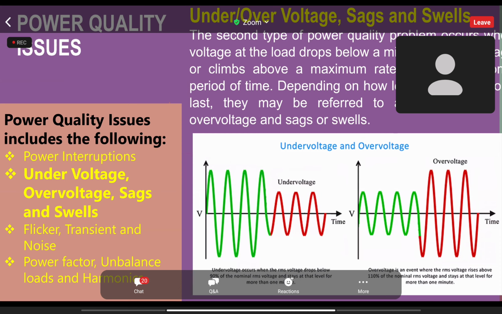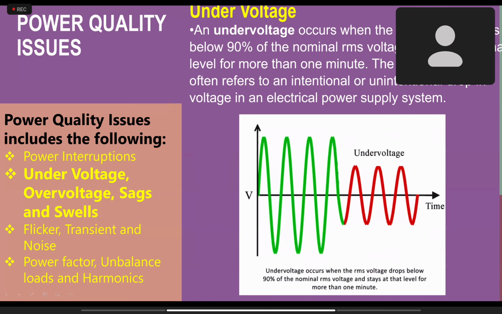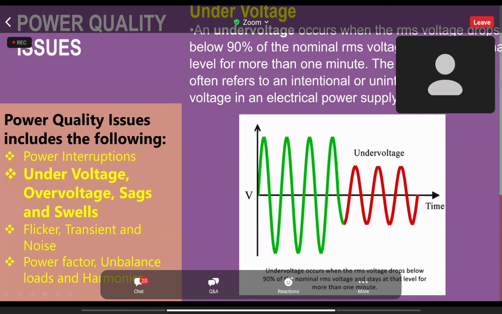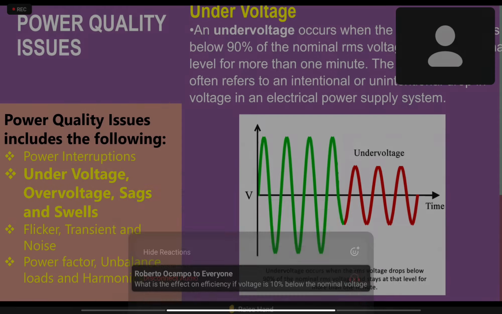Okay, so if it is an under voltage, it happens when the voltage drops below 90% of the nominal RMS voltage and stays at that level for more than 1 minute. The term brownout often refers to an intentional or unintentional drop in the voltage in an electrical power system.